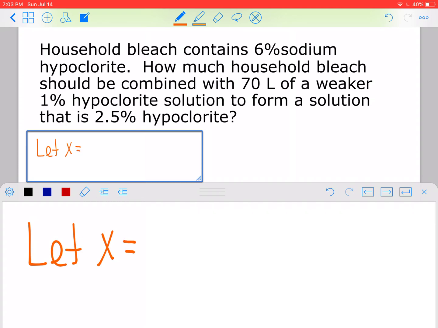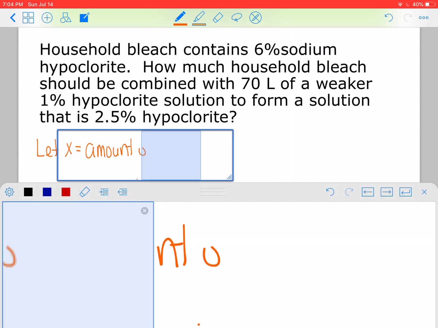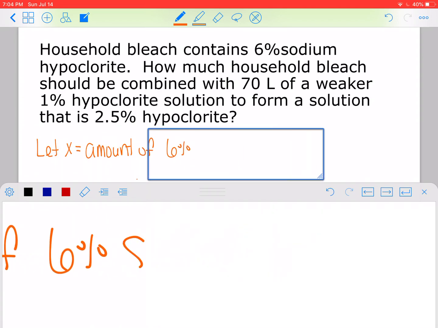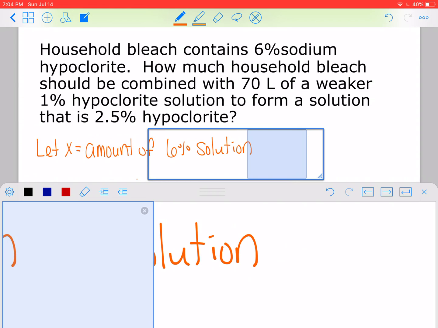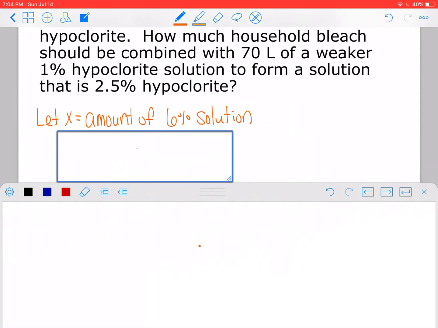So again, we're going to define a variable. We're looking for the bleach, or the 6%. So we're going to let X be the amount of the 6% solution. 70 liters is the amount of the 1% solution.